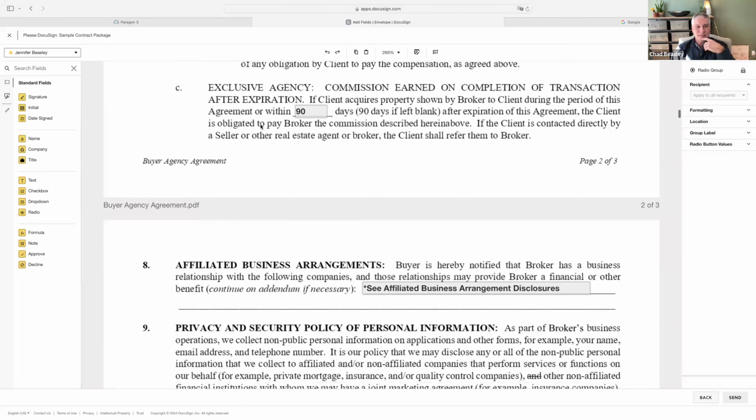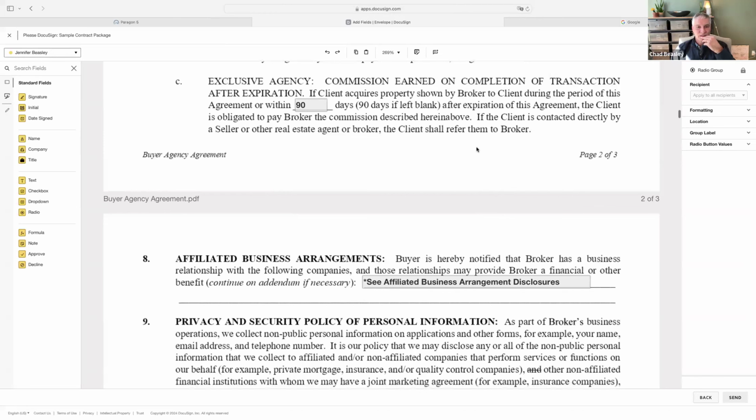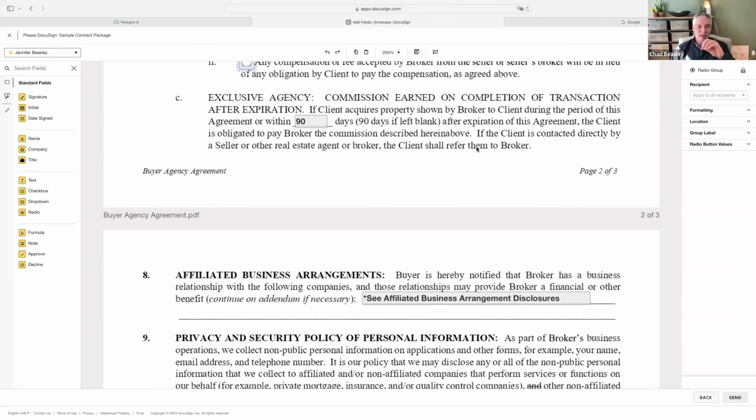If client is contacted directly by a seller or other real estate agent or broker, the client shall refer them to the broker. So basically, if you show them a house and then they ghost you and go buy that house within whatever amount of time you put in here, they're technically still owing you that commission.